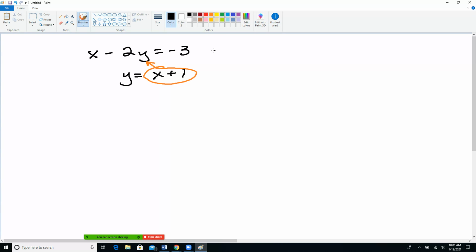So what I get is x minus 2 times x plus 1. That's where I plugged this in. Equals negative 3. Then I distribute this negative 2 times x would be negative 2x. And then negative 2 times 1 would be negative 1.